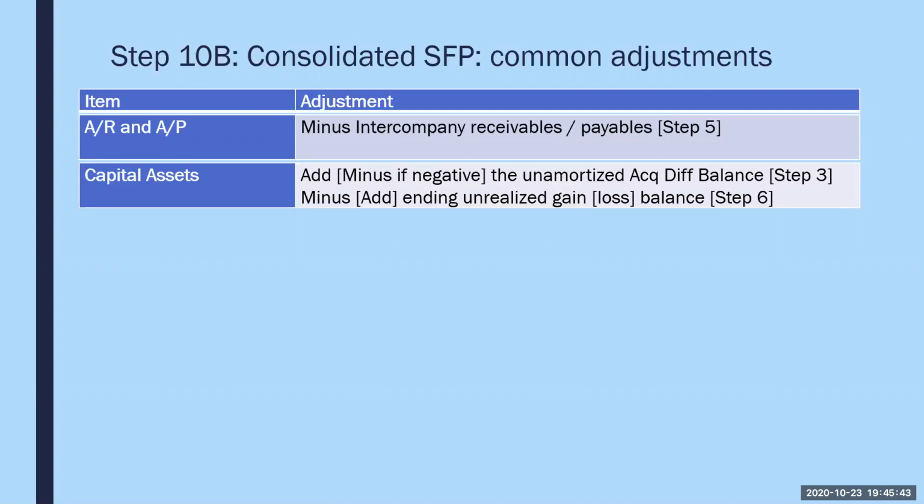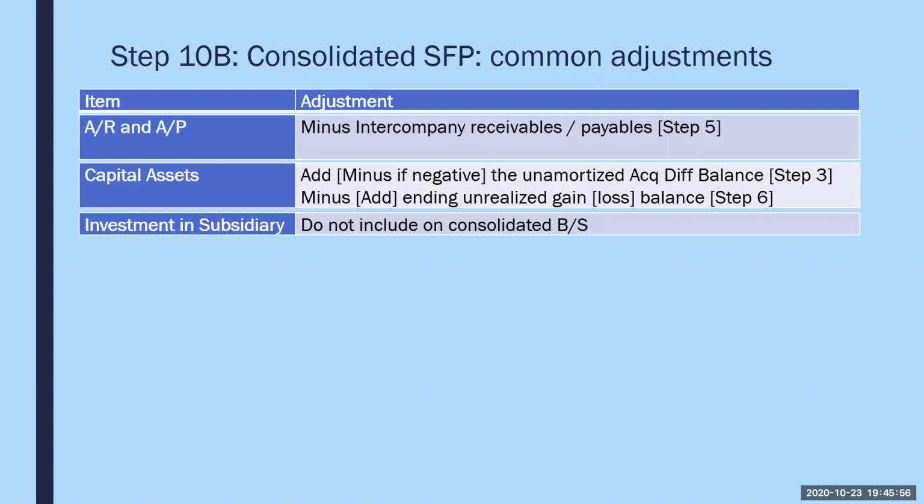And then from step 6, if there are unrealized gains, we want to subtract the amount of the before tax unrealized gain. For an unrealized loss, we will add it back. The investment in the subsidiary account is excluded, so it's not to be included on the consolidated balance sheet at all.